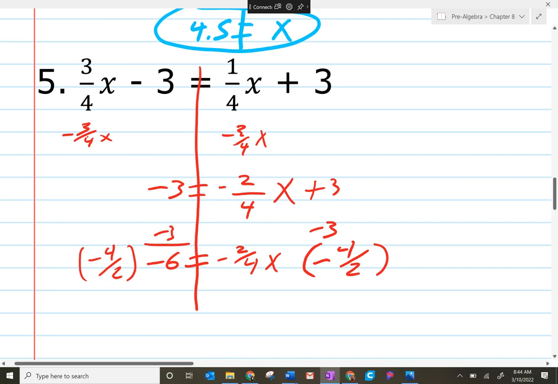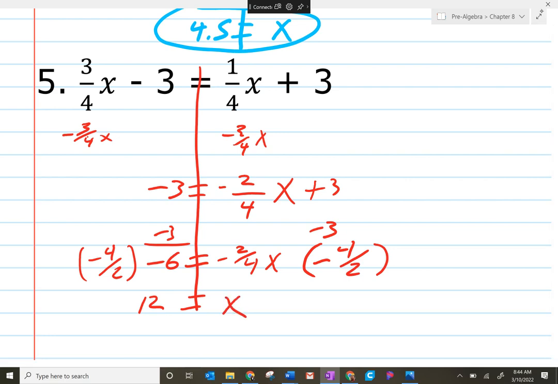So what is 4/2 times 6? Or what is 2/1 times 6? Positive 12. Okay, I get 12 equals x.